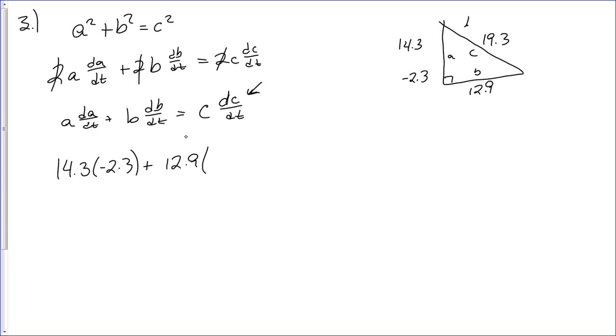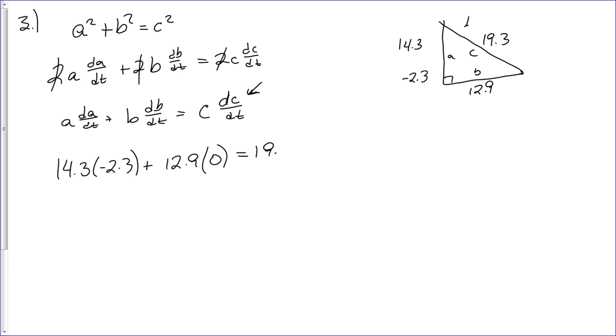Now, dB/dt, you might be wondering, we don't have that, even though I said it was just given. Well, if you remember, it said that it pushed the feet of the ladder firmly into the ground, which means this length, this 12.9, is never going to change. Since this is never going to change, the derivative of b with respect to time is 0 because it is not changing.